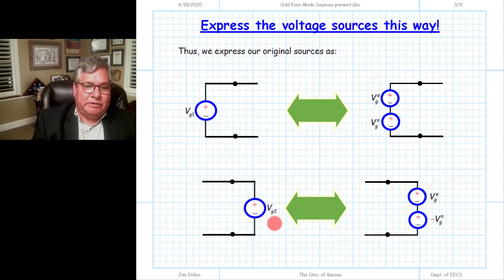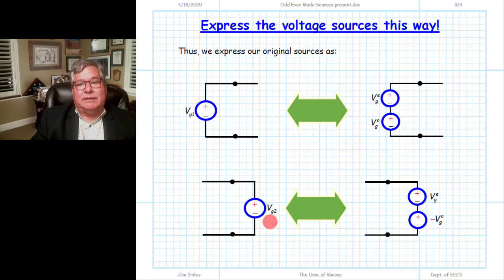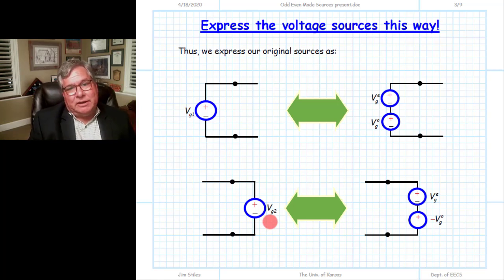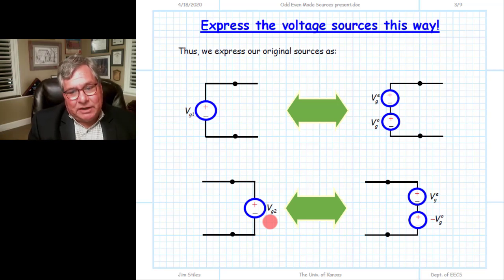In the case where VG1 was non-zero and VG2 was 0, we find the even mode and odd mode voltages equal to each other, VG over 2 in this case. And so this general way that we've expressed here will comprehend the other three examples that we've done thus far.